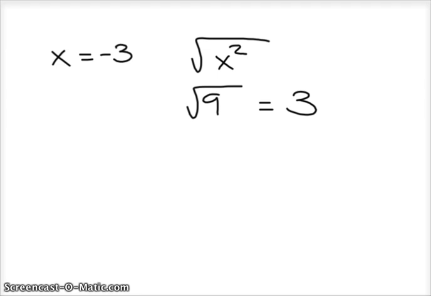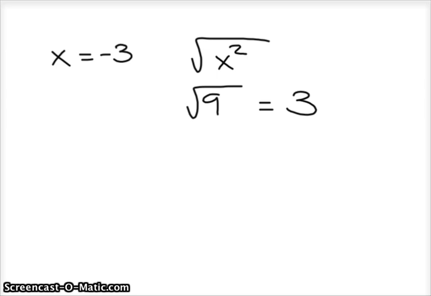Notice that this is a positive number, and actually any time we take the square root of a number, the result has to be positive. As we looked at last section, if I had a negative number under the square root, it ends up being an imaginary number. We're not dealing with those right now. So every time I take the square root of a positive number under the radical, it'll be a positive number outside the radical.